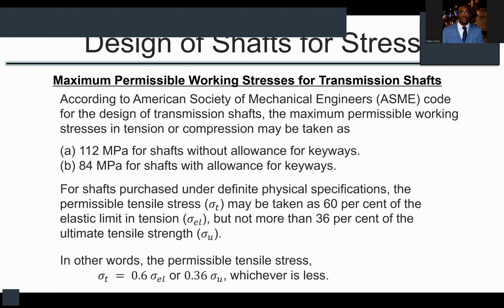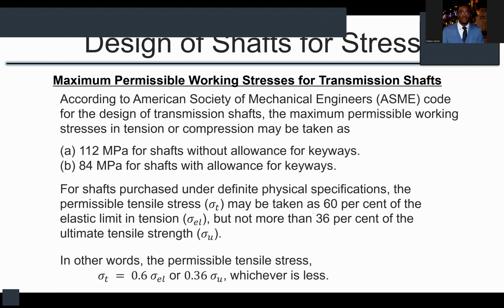We compare. Whichever one is lesser, that lesser value becomes the maximum permissible working stress. That's the working stress that you are permitted to develop in your shaft as it is working. Do you understand?